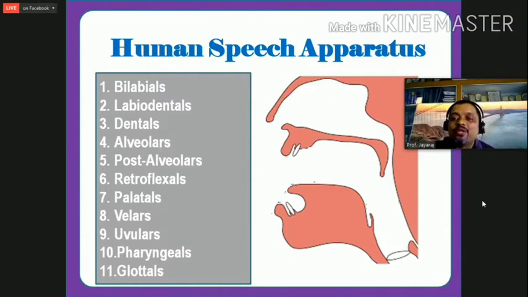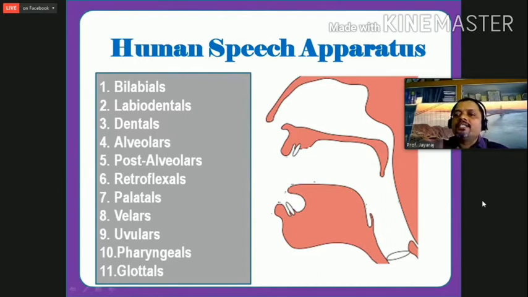When you take up ka, it is palatal. When you take up this one, it is velar. When you take up this, it is uvular. So, uvulars and pharyngeals, for example, if we take the Semitic ha.